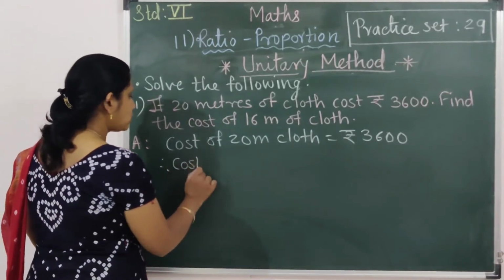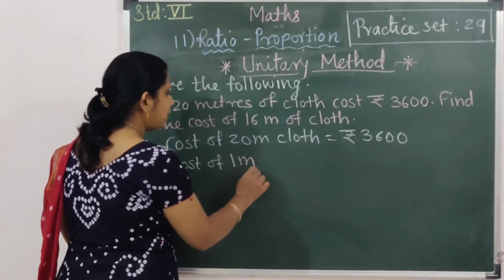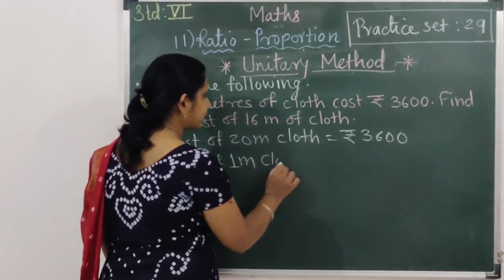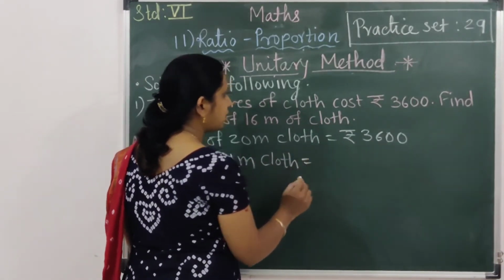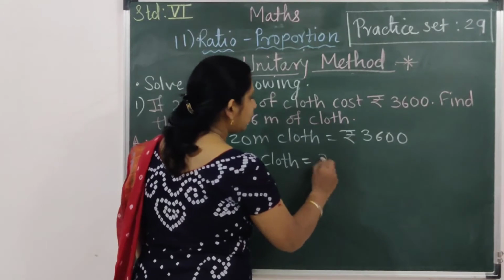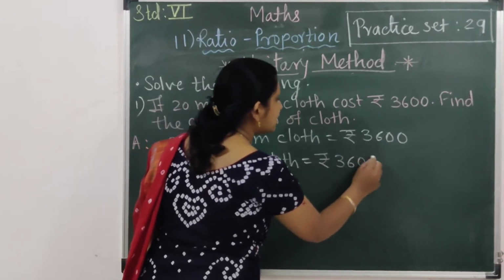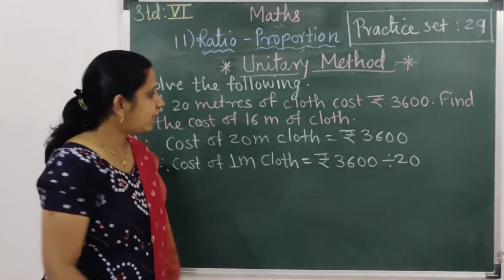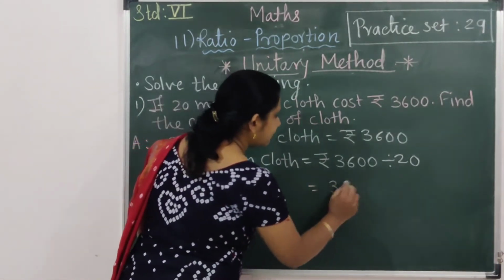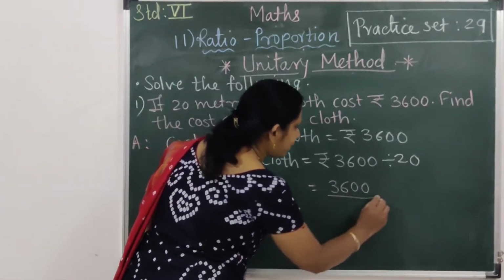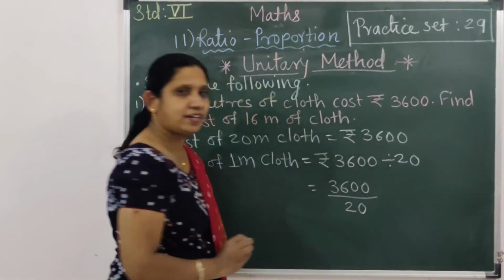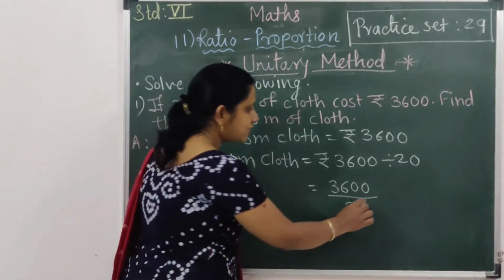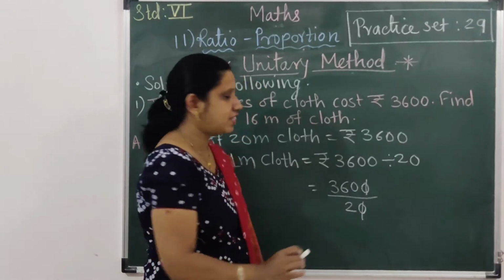Therefore, the cost of 1 meter of cloth is equal to rupees 3600 divided by 20. This we can write as 3600 upon 20. It's very simple. This 0 gets cancelled with this 0.